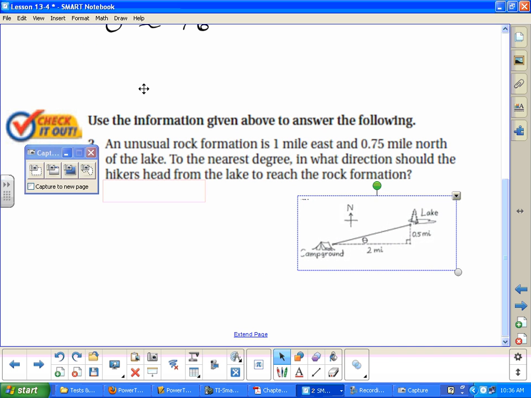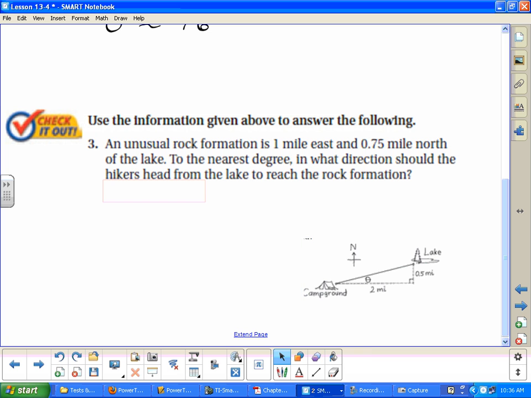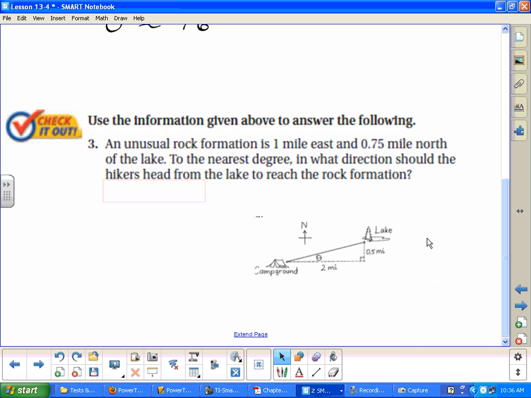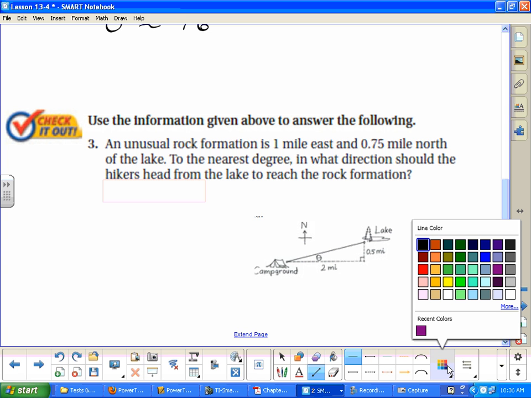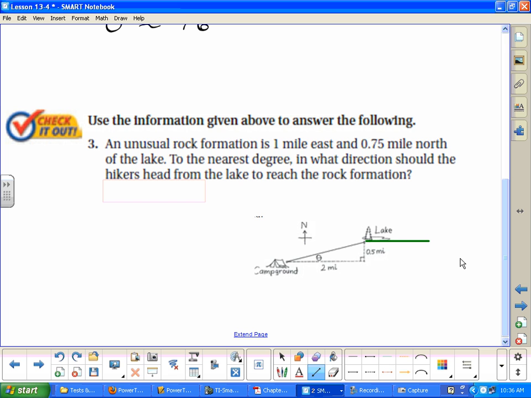Okay, so it says the unusual rock formation is 1 mile east and 0.75 miles north of the lake. Okay, so here's the lake. All right, so now we're going east. Which way is east? To the right or left? Okay, to the right. So we're going to go a mile east, right?